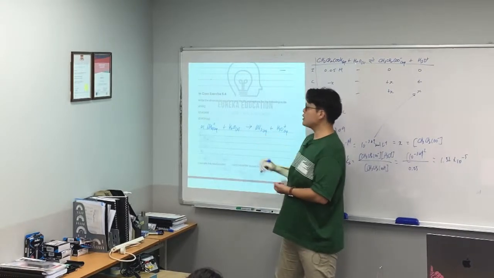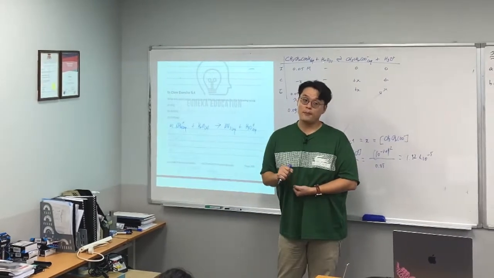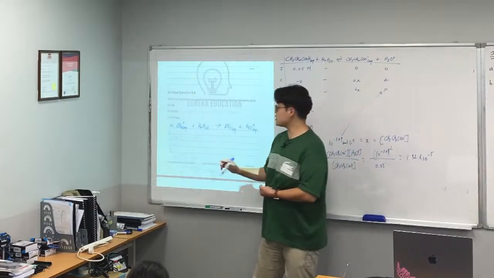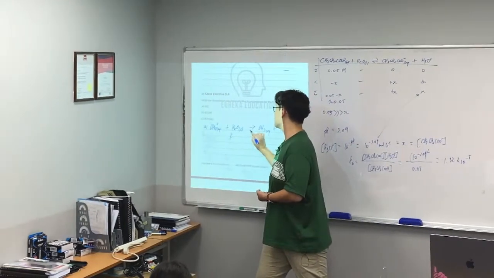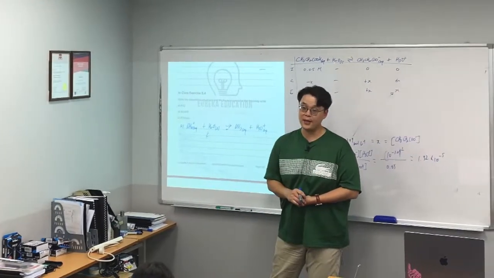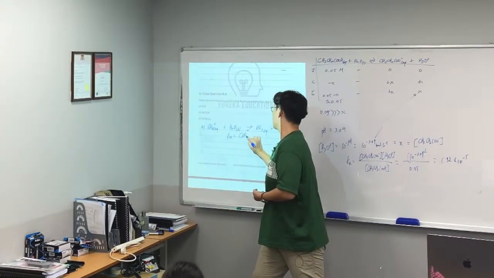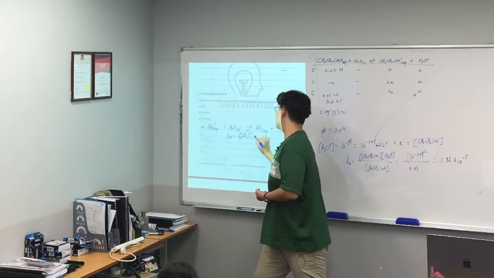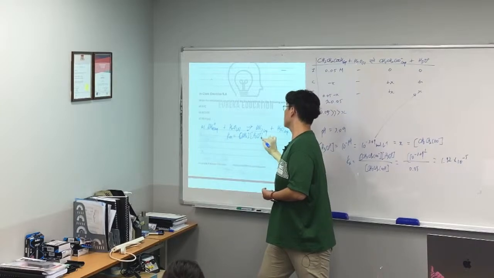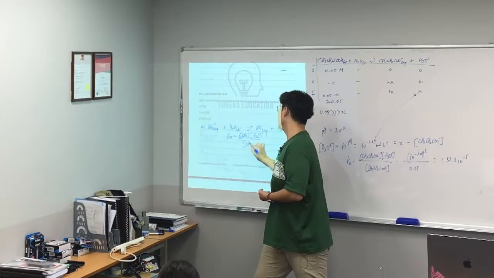Relatively, it's working as a weak acid, but we can still find the Ka. So the Ka expression for that is the NH3 concentration times the hydronium ion concentration divided by NH4+ only.